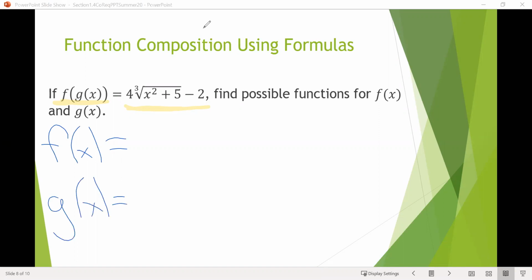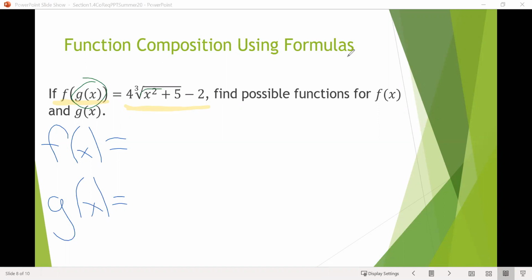Well, let's think about a couple of things here. Number one, notice that g of x is the inside function, which means that it is the one that needs to have been plugged into another one to get this composition. And so what we might want to do to identify what g of x is to look for functions inside of other functions here.